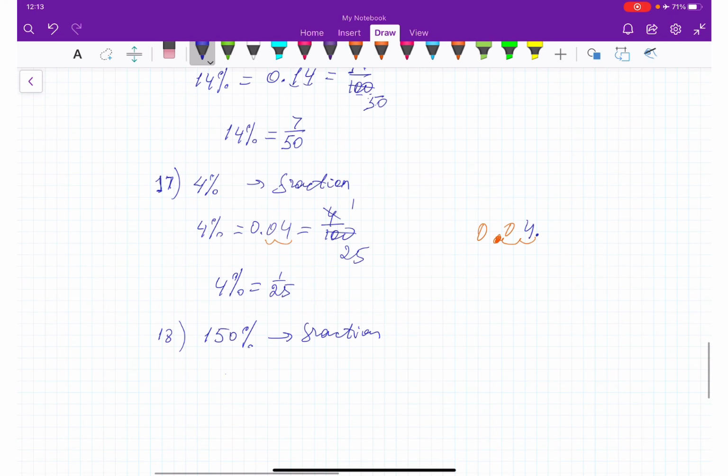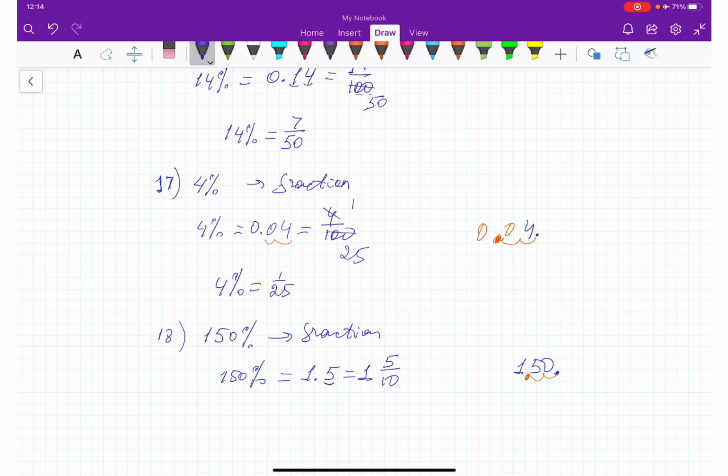So 150%, my decimal notation here moves by 2, 1, 2, it's going to be 1.5, right? 1.5 as a decimal, since we have one decimal place, it's going to be 5 over 10.